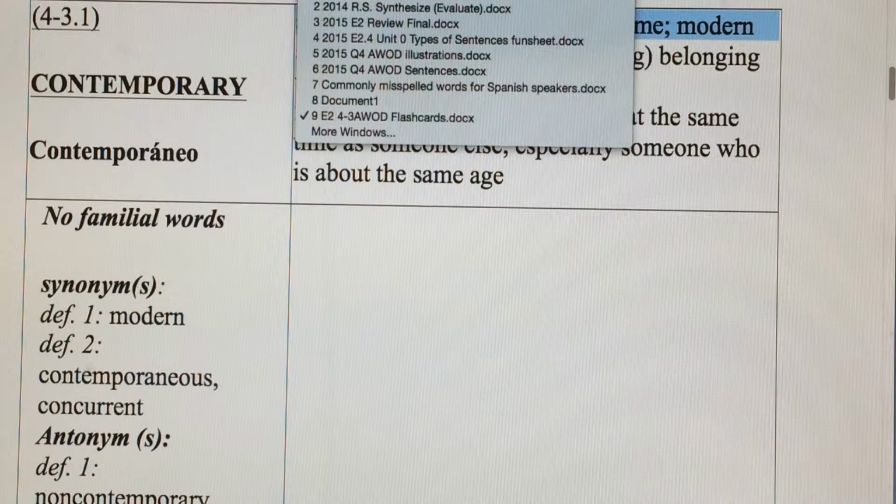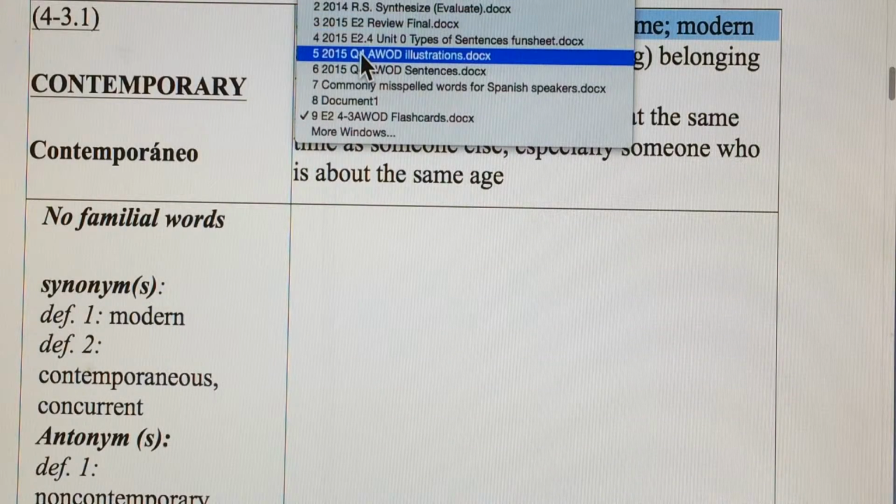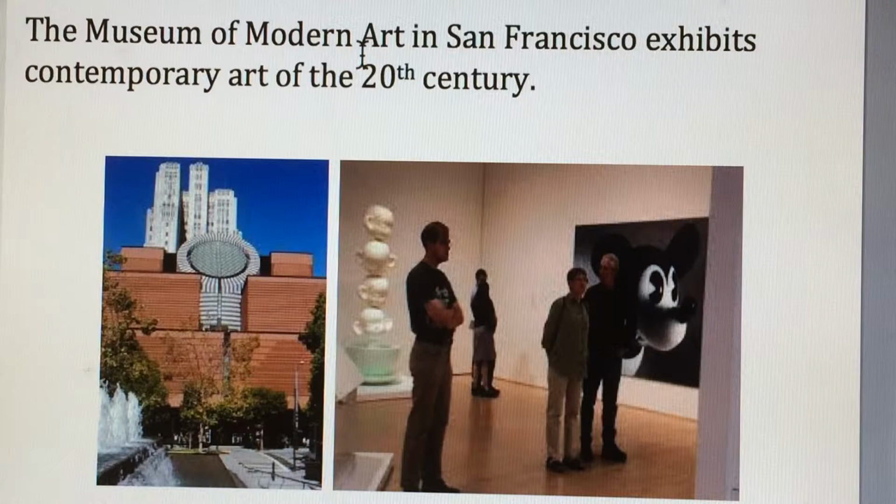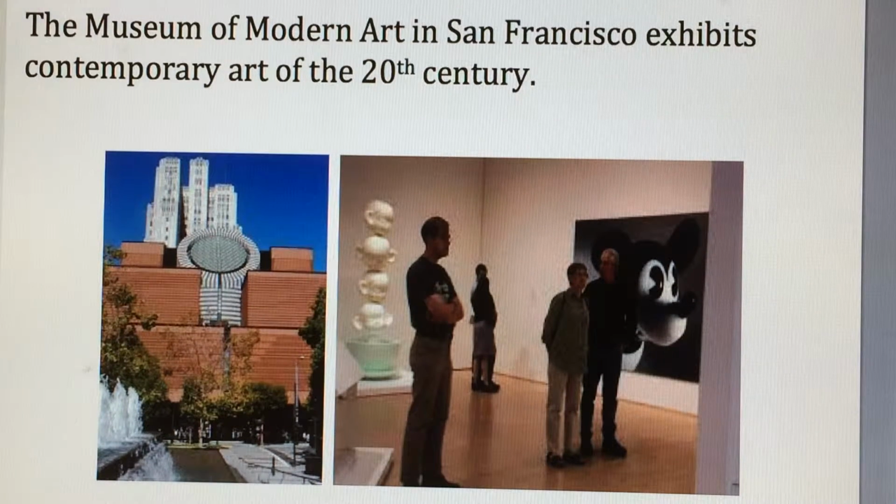Let's take a look at a sentence example. If you go to San Francisco, downtown, there's a wonderful museum right near the BART station, not far from the Caltrain station, where you can see contemporary art of the 20th century.